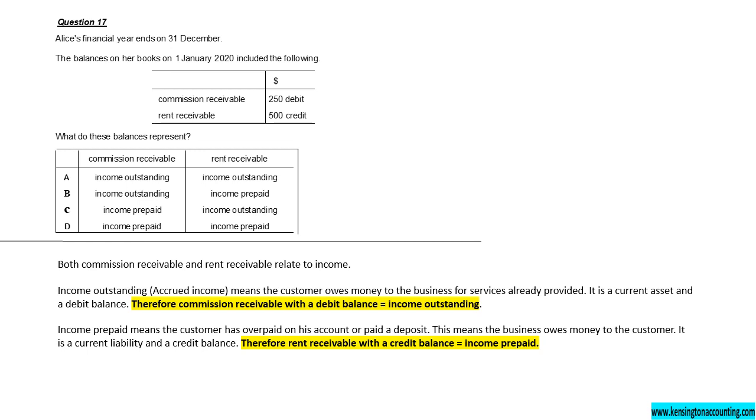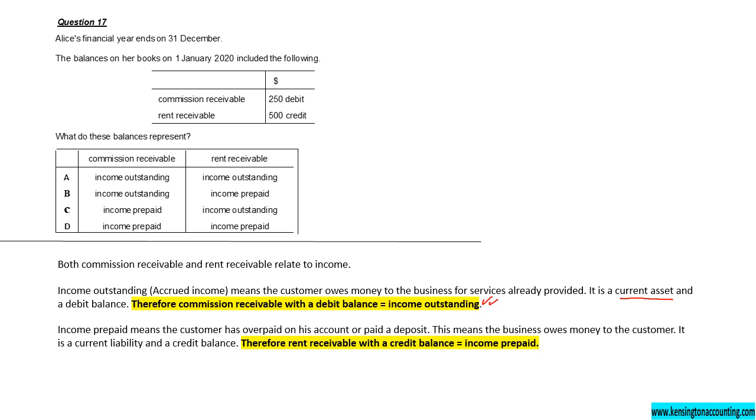Income outstanding, or accrued income, means the customer owes money to the business, and is therefore a current asset. In this case, commission receivable with a debit balance means income outstanding, that is money owed by the customer to the business.